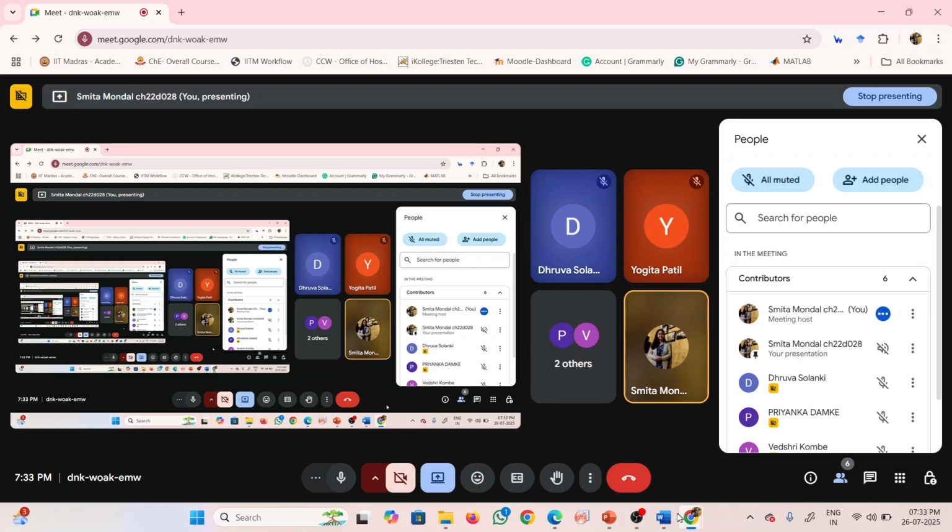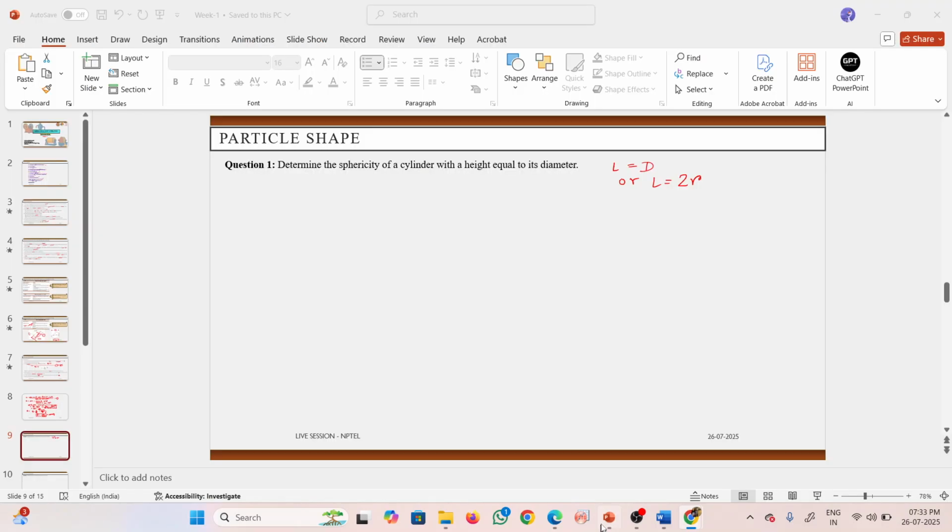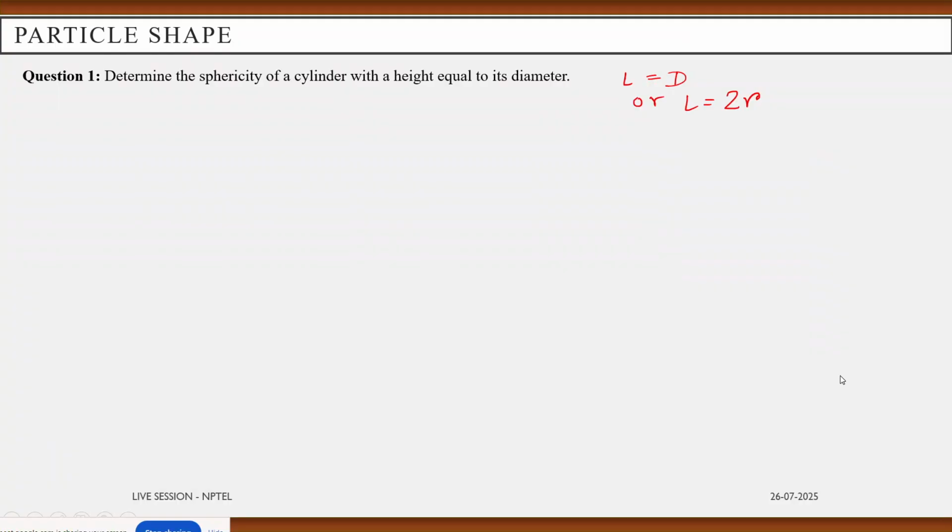I will give you a few minutes to think about it and give me the answer. After that, we will quickly go through the calculation for easier understanding. Just consider the simplest definition that we defined for the sphericity. It will be easier to start with the basic derivation and come to the special case that I have defined here.